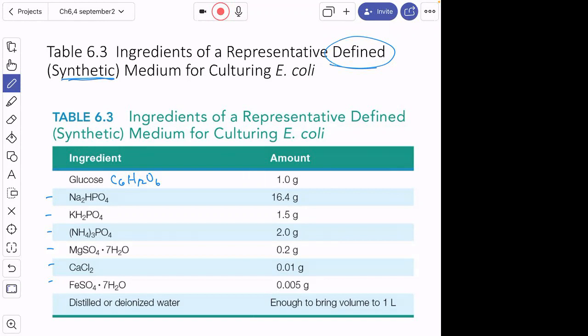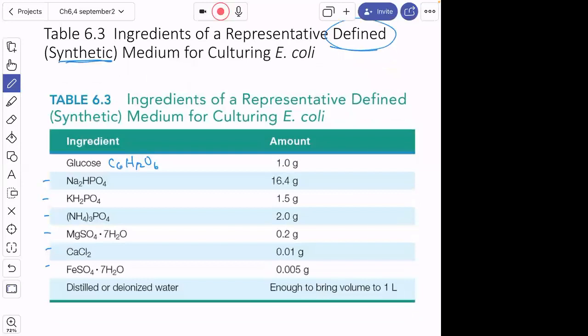You might only give it a few things, and then organisms that need a lot more nutrients are not going to be able to grow. So if you want to grow an organism that fixes its own nitrogen, you grow it in a defined medium that doesn't have nitrogen in it, and then only those organisms that you're looking for are going to grow. But again, that's just an example of a defined media.